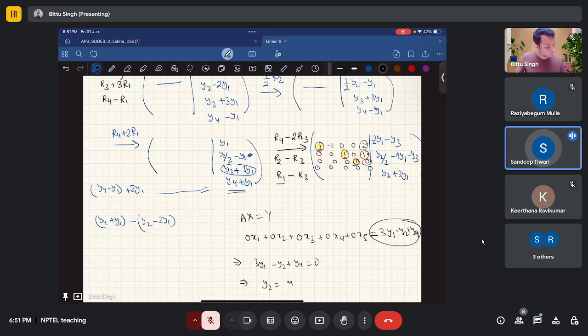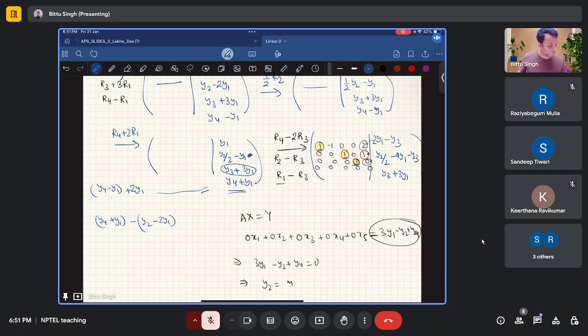Sir, I am getting 2y3 plus 3y1 minus y4 minus y2 is equal to 0, sir. Sir, I am not getting 9, sir. Please show the option, sir. Okay, so let me write the correct thing. This should be actually y4 minus 9y1 plus y2 minus 2y3. You can check, the row reduction will give you this.